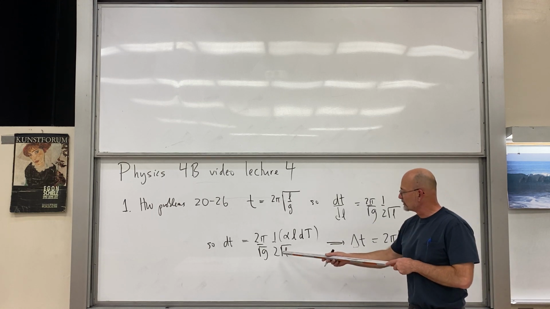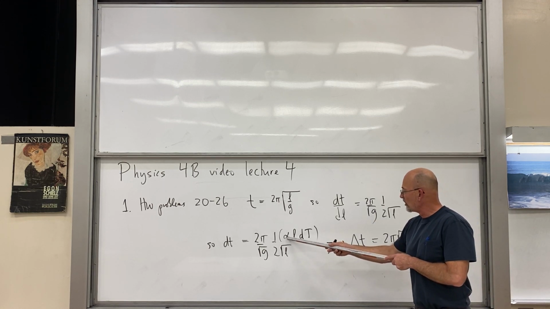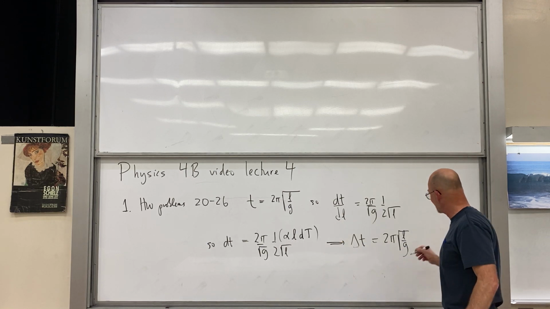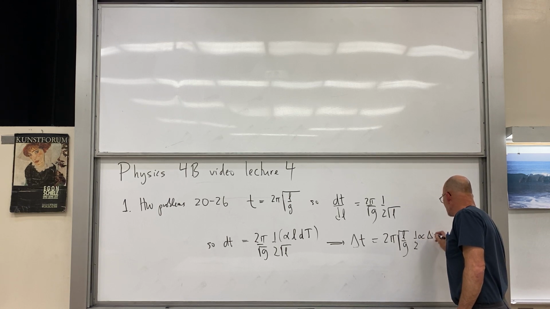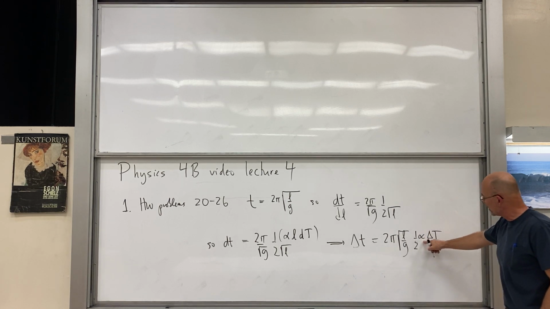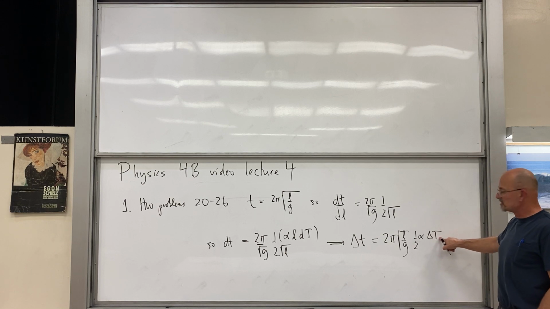And now we're just left with 1/2 alpha delta T, where alpha is the coefficient and delta T is the change in temperature.